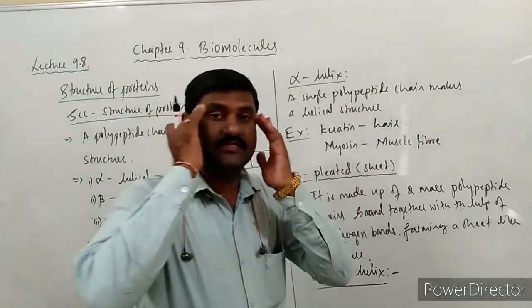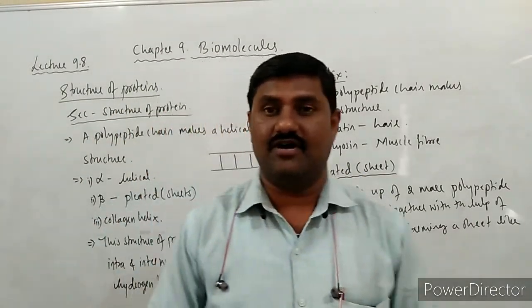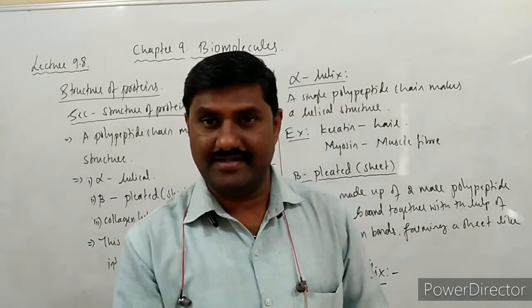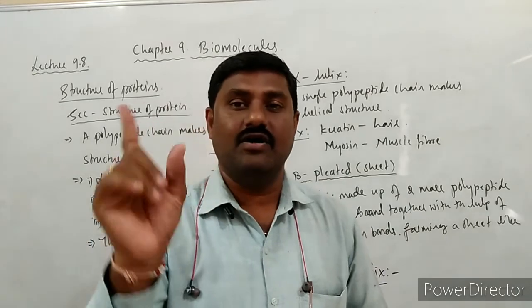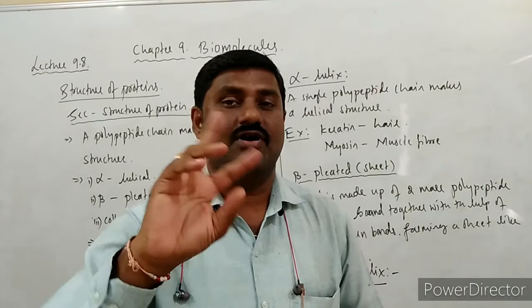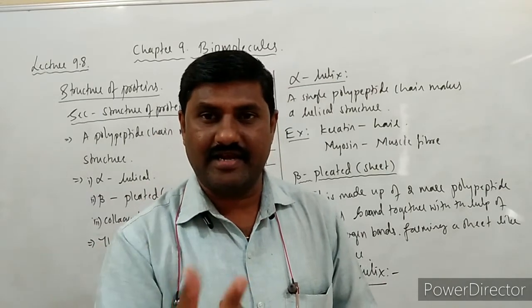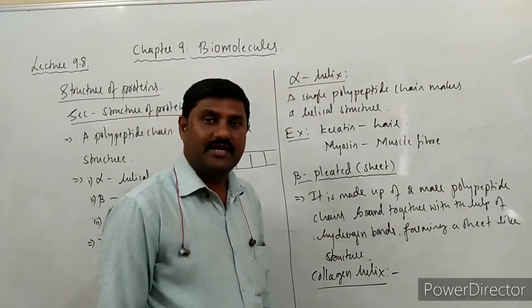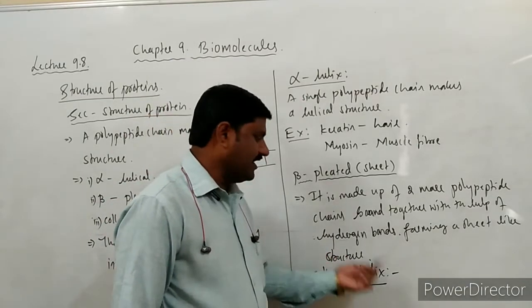Imagine the three-dimensional structure of this collagen helix. So here three helical structures are there, and all three helical structures are coiled around each other, right? All of them are interconnected with the help of hydrogen bonds, and that fiber forms the collagen helix itself.